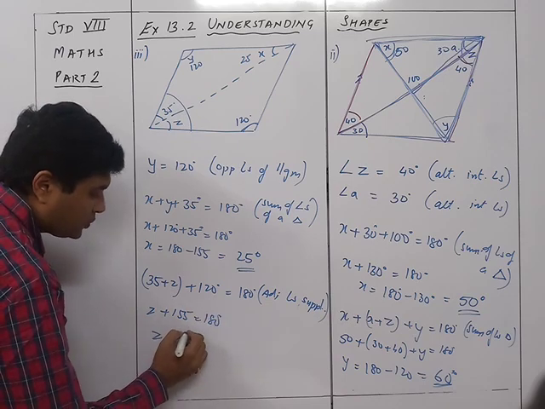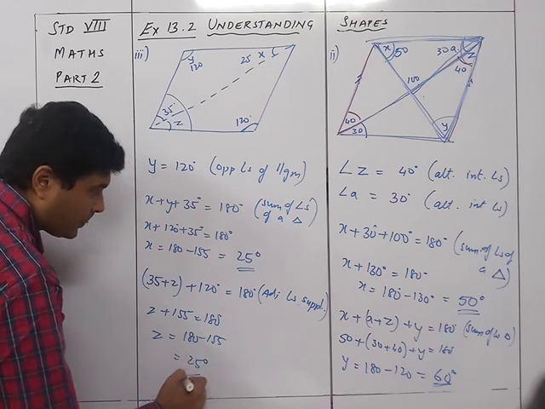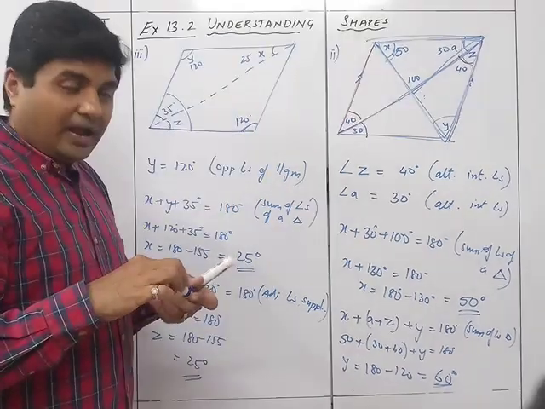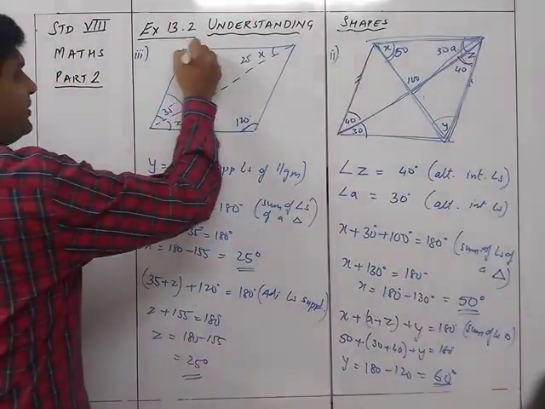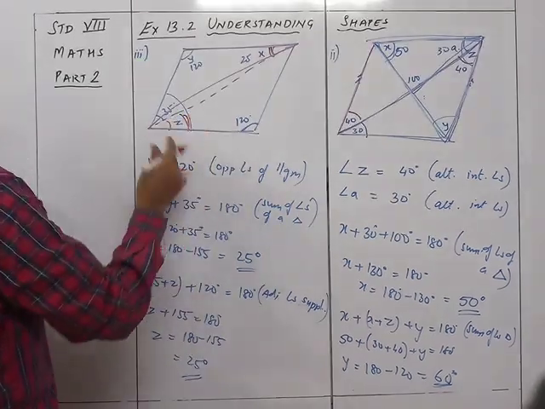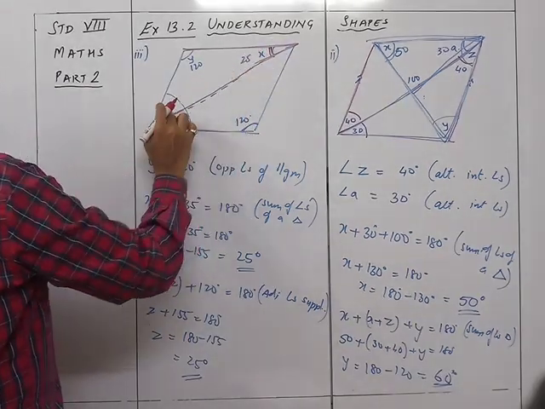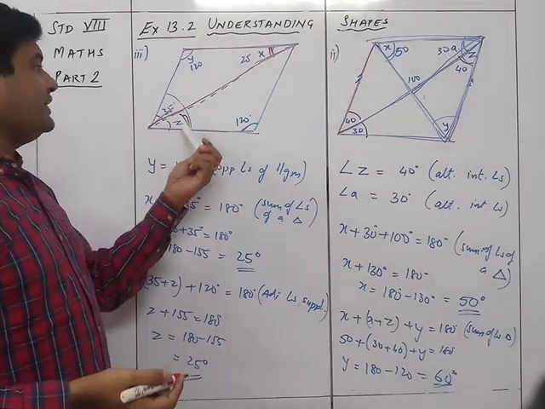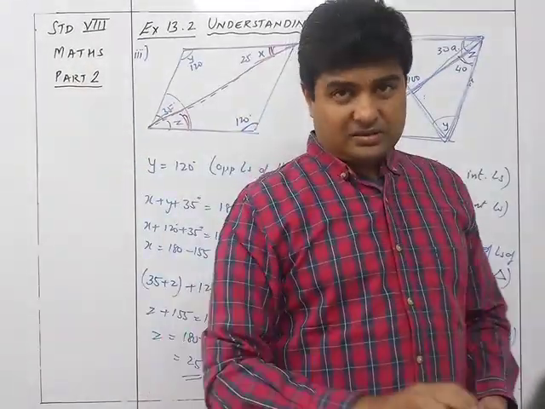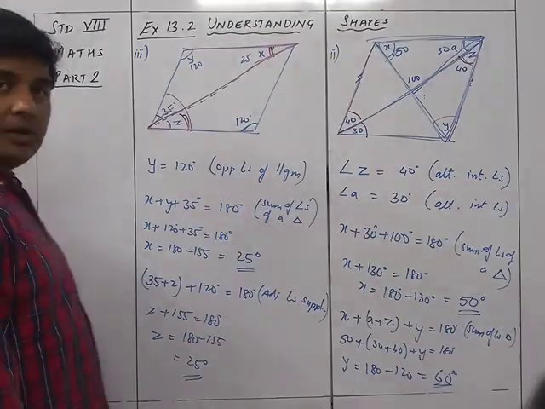Therefore z is equal to 180 minus 155 is equal to 25 degrees. In fact, I made a mistake. I could have easily found out by the Z formation over here. ये x 25 है तो ये भी 25 ही होगा. Okay, I could have directly written z is equal to 25. Reason, alternate interior angles. Right? Easier rather than doing all these calculations.